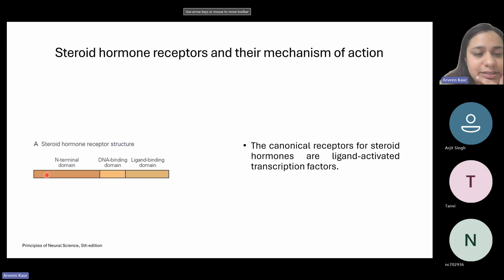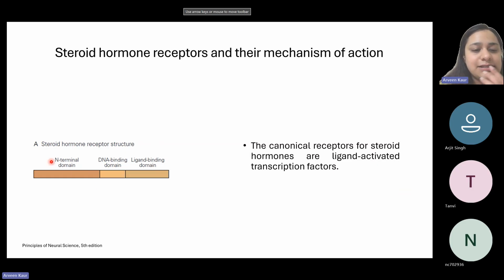What does it mean that it is ligand activated? Like, what does ligand activated mean? That if this hormone comes into contact with this receptor, it will basically activate the receptor for that particular hormone, and then the signaling will occur, right?